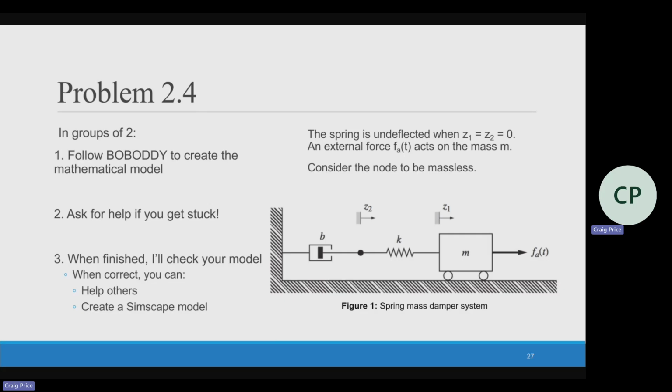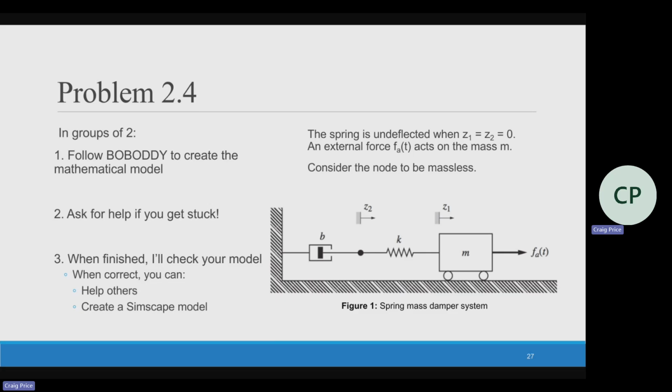So I'm not looking for one equation. We're going to have an equation both for the node and for the mass. So really I have 2 degrees of freedom, each with their own equation. That's going to affect the order.